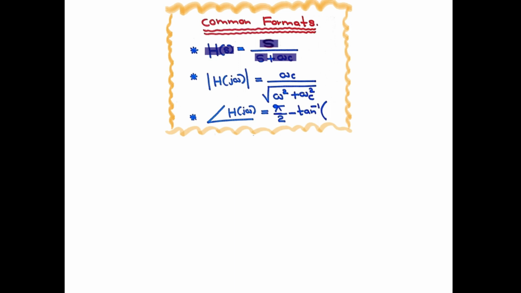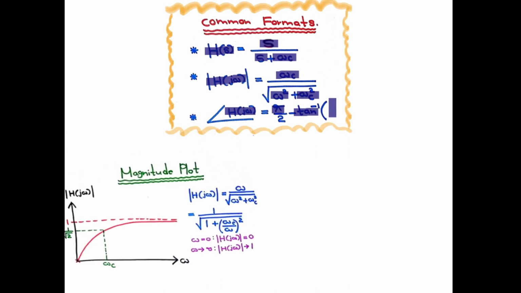And the magnitude of the transfer function H(j omega) equals omega divided by square root of omega squared plus omega c squared. And the phase angle is pi over 2 minus tan inverse, what should be there? Omega divided by omega c. I think you remember that.